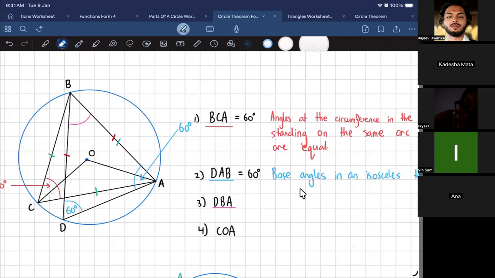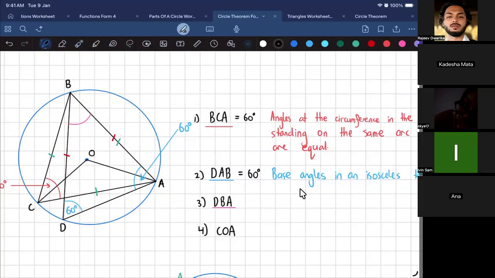180 take away 120. What would you get if you do that? Next, 60. So all angles of the triangle are equal.